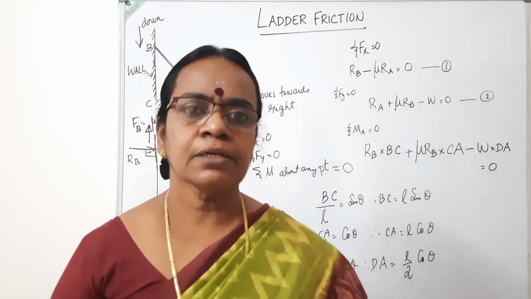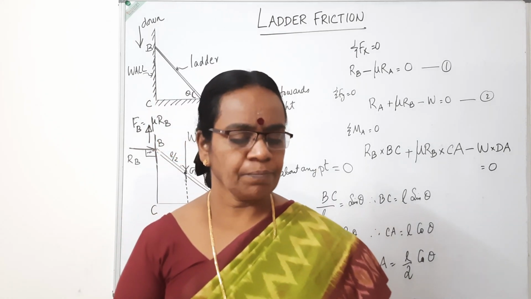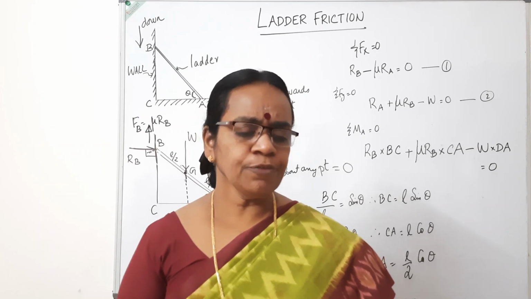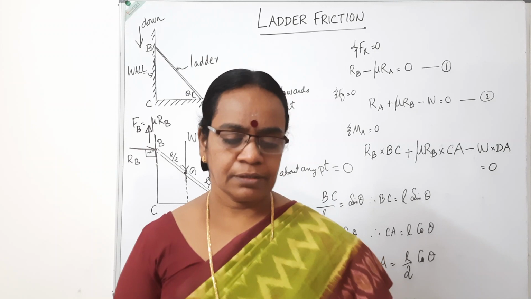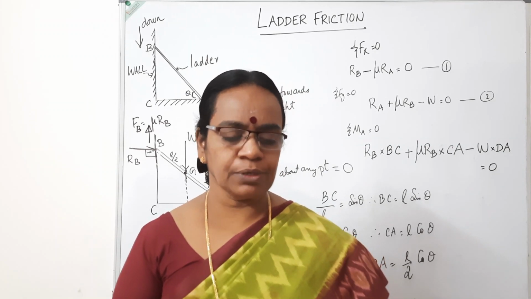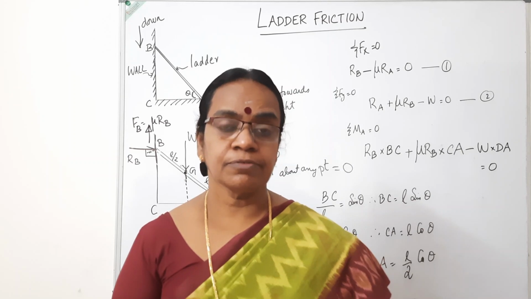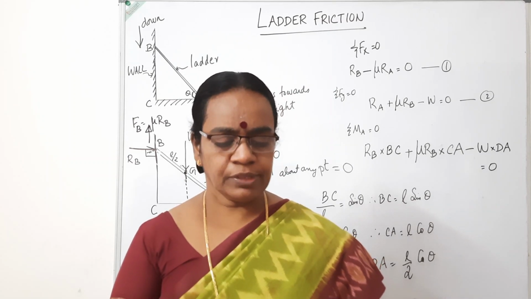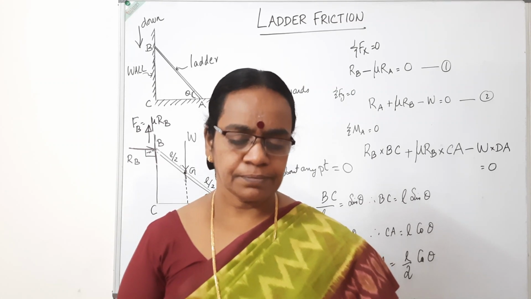So let us see this numerical example. I will read the question. A uniform ladder of length 10 meter and weighing 20 Newton is placed against a smooth vertical wall with its lower end 8 meters from the wall.